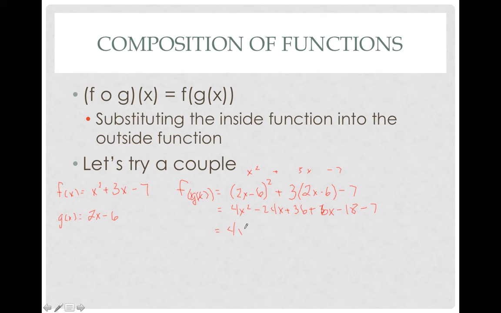I get 4x squared, minus 24 and plus 6 becomes minus 18x, and 36 minus 25 becomes plus 11. And there we go, we have our f of g of x.